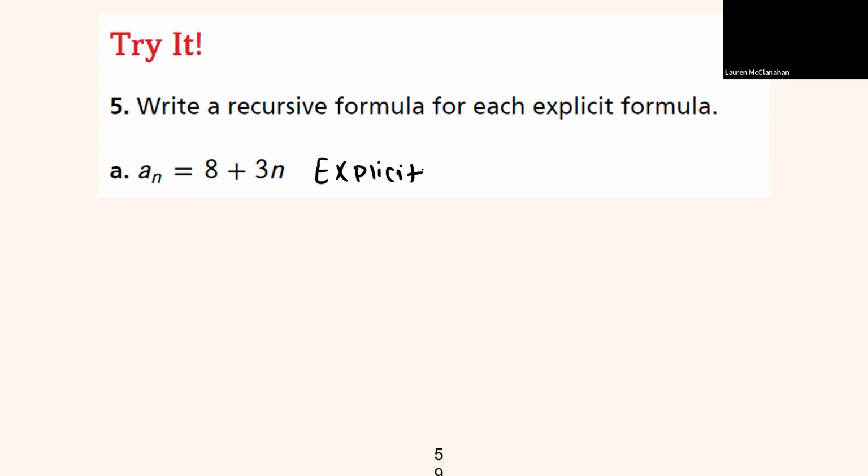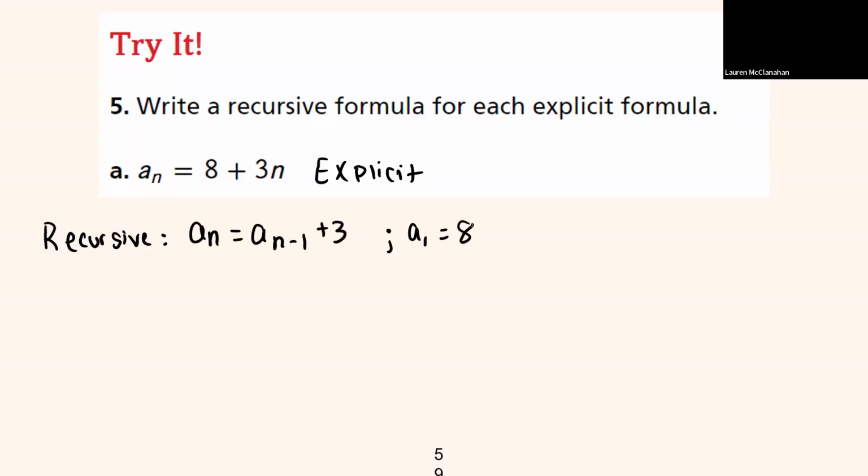We're going to put it in recursive. Okay, recursive formula. All we have to do is attach what our common difference is. So we're going to write a_n equals a_(n-1) plus 3. And then you could tell me a_1 equals 8.